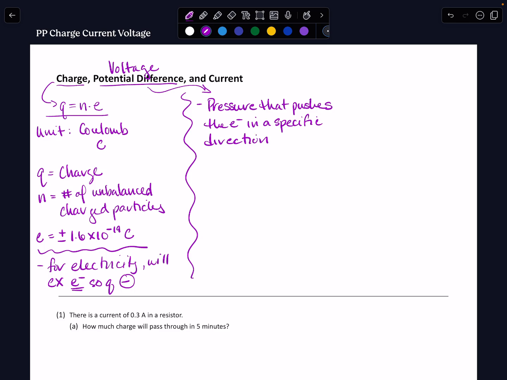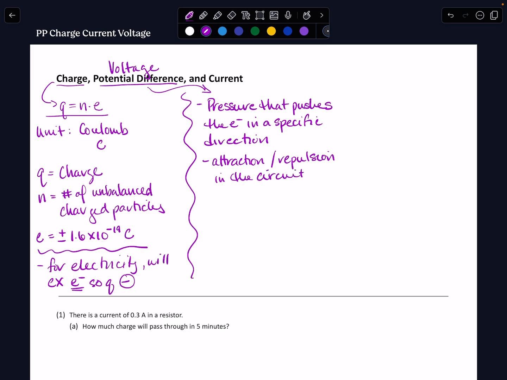All right, and it's due to attraction or repulsion in our circuit. All right, so what does that really mean?